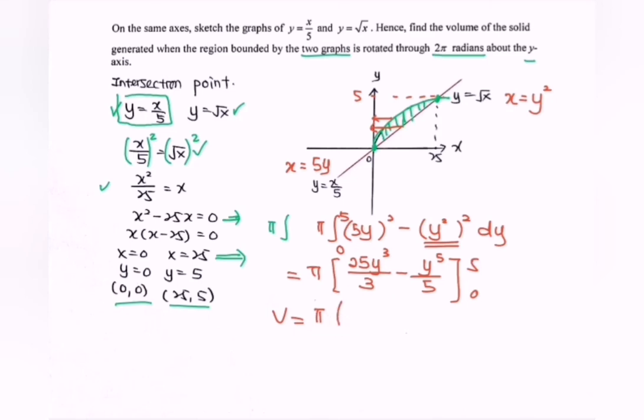If we substitute the 5, in total we will have 1250 over 3. Next, if we substitute 0, we will have negative 0. So finally, the volume is 1250 pi over 3 unit cube. So basically, this is the example for volume.